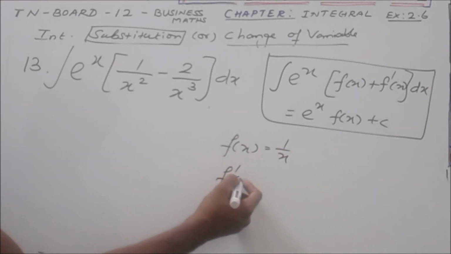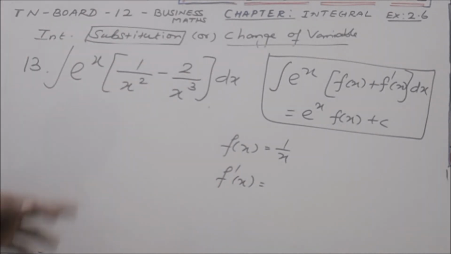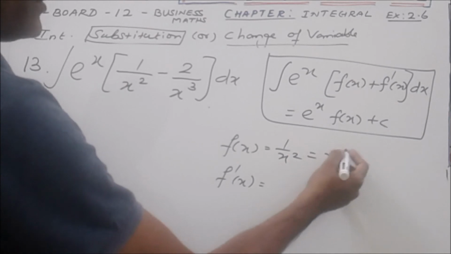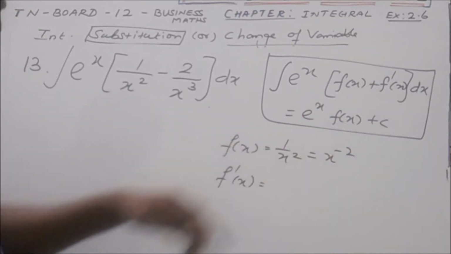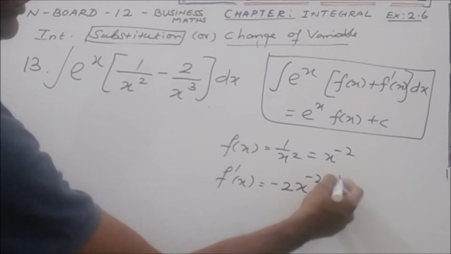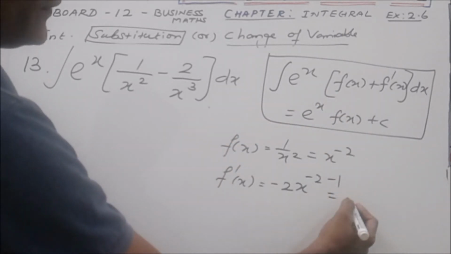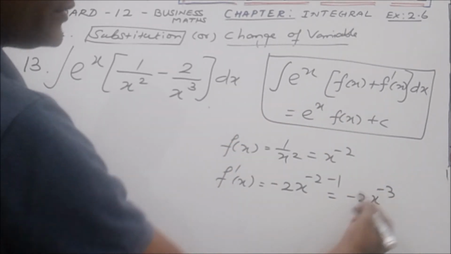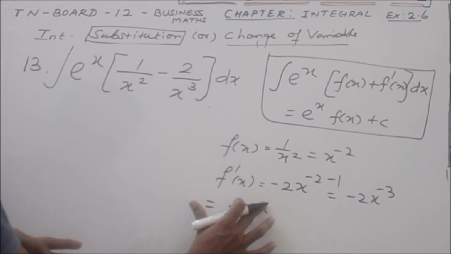What is the derivative, f dash of x? F of x is 1 by x square. We can change it as x power minus 2. What is the derivative? Using the x power n formula, n x power n minus 1, we get minus 2 x power minus 3, which is equal to minus 2 by x power 3.